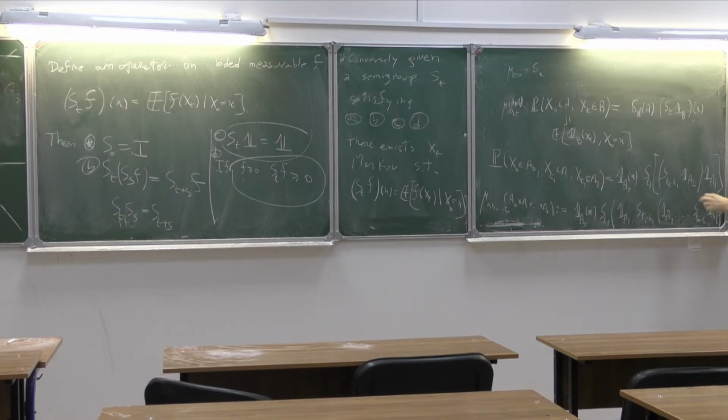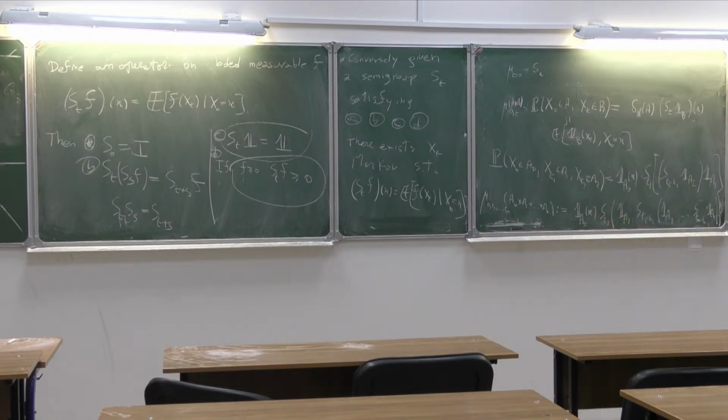This is like the probability that you finish in A2. Once you have evolved up to time t1, just evolve for another time t2 minus t1 and impose that you are in A2, and so on. So at every step you put a function and a time evolution.